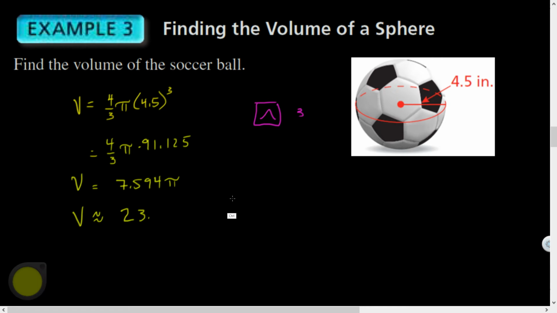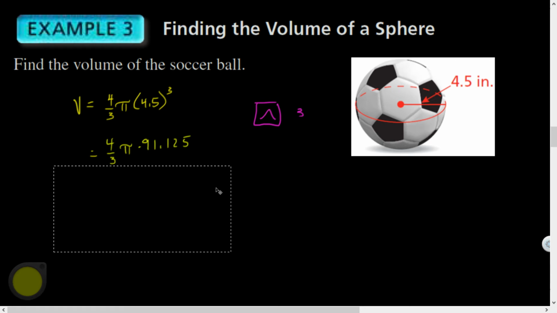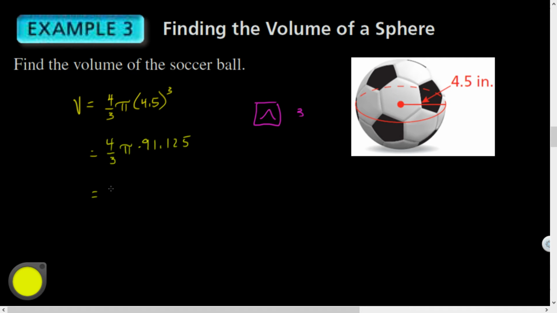Watch this. I have to take a snapshot of the darkness and then paste it over it. That's the way I erase. So let's see, 91.125. I must have multiplied wrong or something. Multiply by 4 is 364.5. Divided by 3, 121.5 pi is the volume, and that is measured in inches cubed.